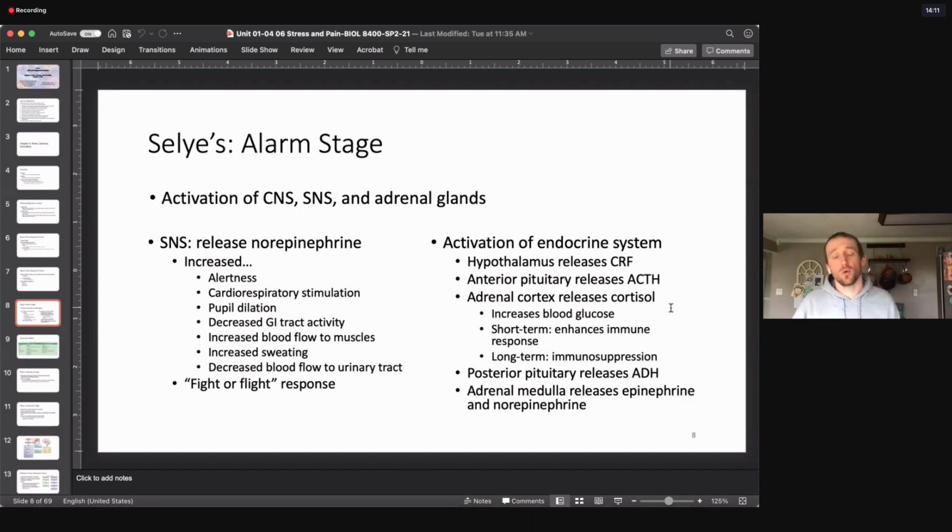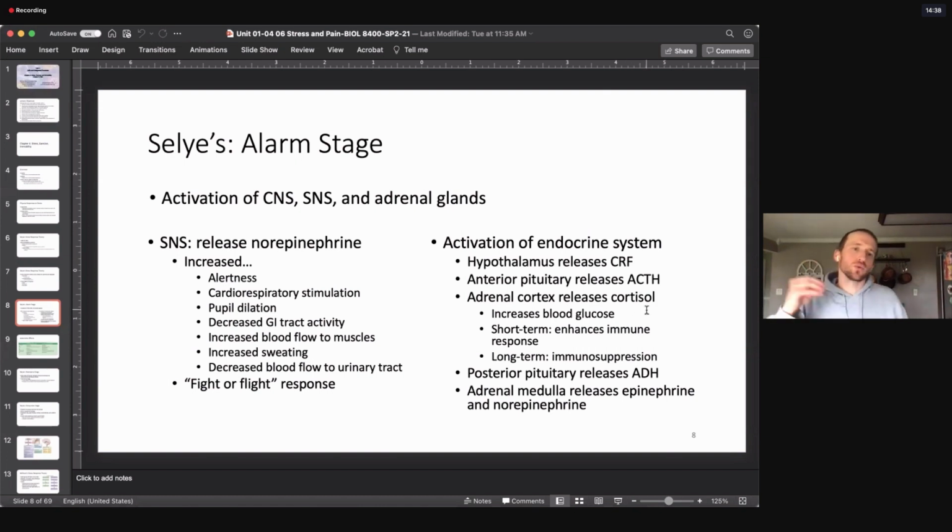What cortisol does in the short term, it actually is an immune booster. It makes immune cells operate really well in a very short term. So we have a threat, a stressor could be a big gash, during that response our immune system can go in and try to suppress it very quickly. Should that continue in the long term, it becomes immunosuppressive.